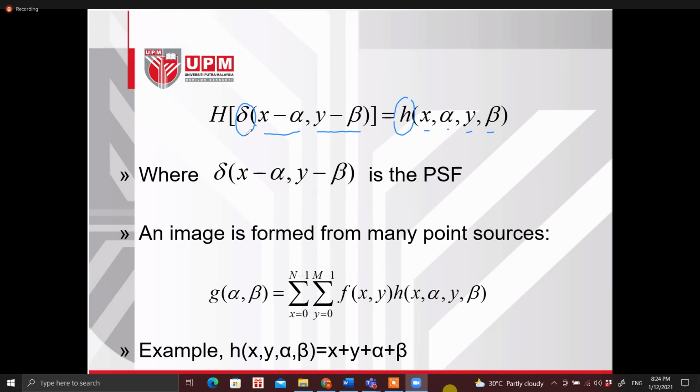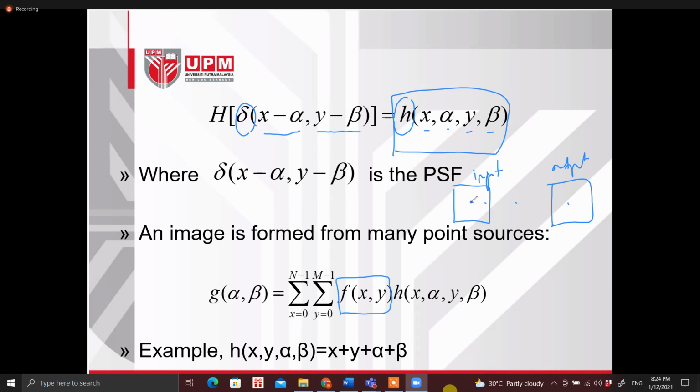Well, if we forget about delta first, and we just plug this particular equation into the whole process I mentioned just now, f(x,y) is the input image. Imagine just now I said that we have an input image, it projects to become the output image. This is input, this is output.